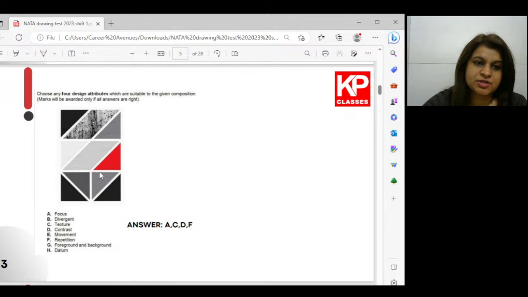Then we have texture. As you can see, there's a little bit of texture. So what is texture? Texture is the tactile quality of any particular surface. Now, when we are looking at something on our screen or we are reading about some texture, we are looking at a photograph.